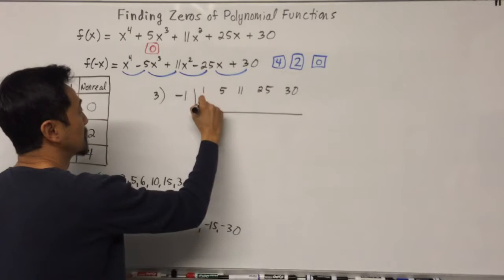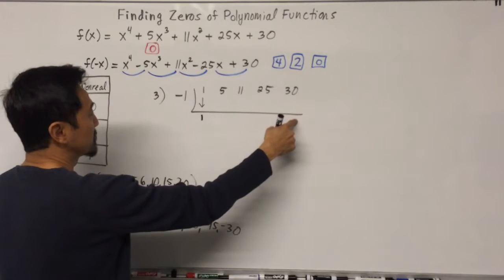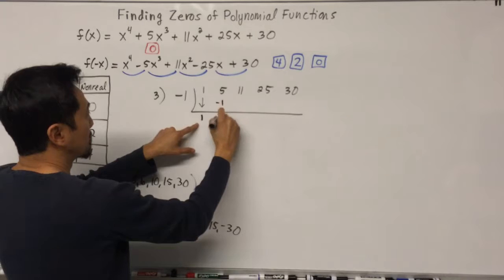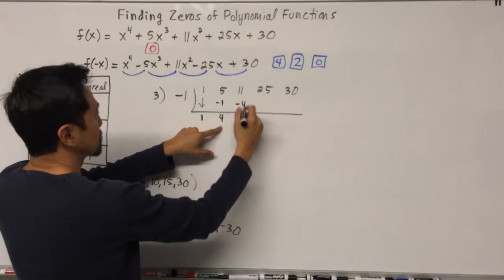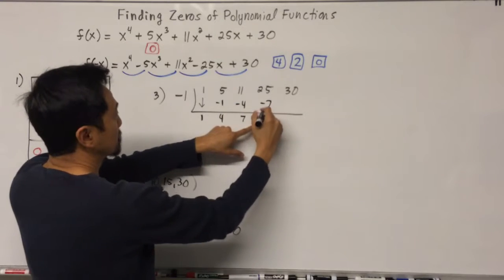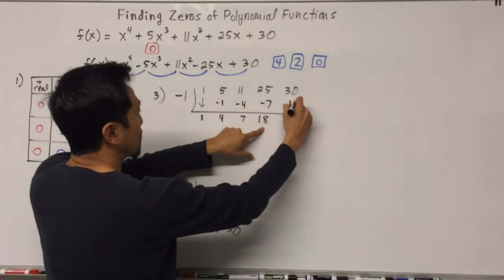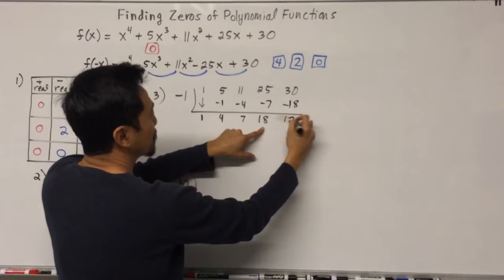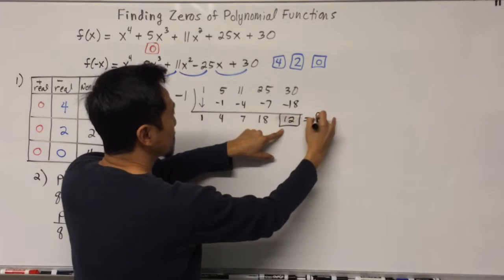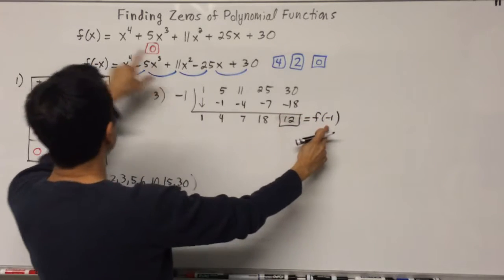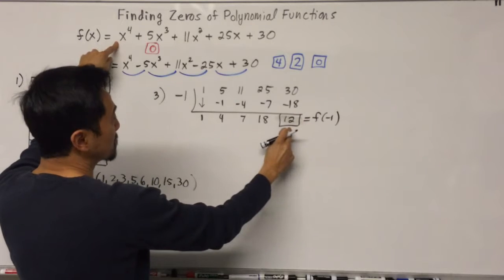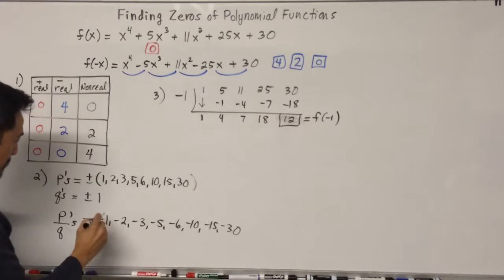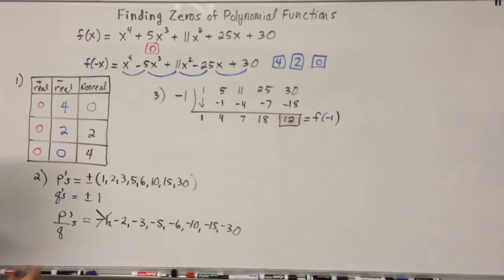And so we're hoping for a remainder of 0, right? And unfortunately, we don't. We get a 12 here. So that means that when you plug in -1 into this function, you get an output of 12. Okay? So it's not a 0. So that means I'm done with -1.